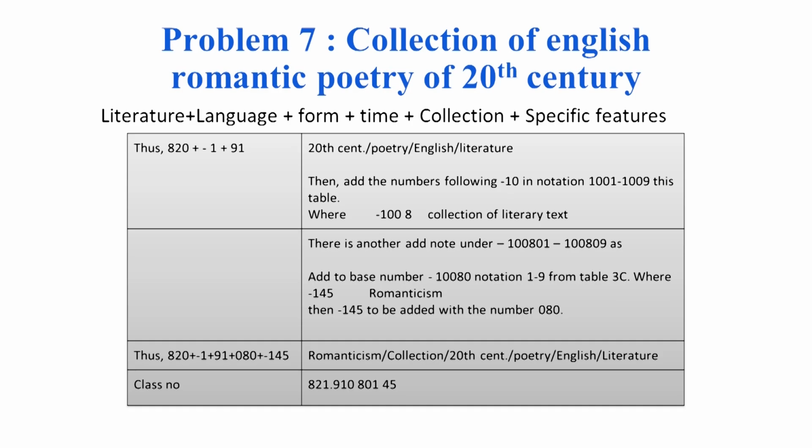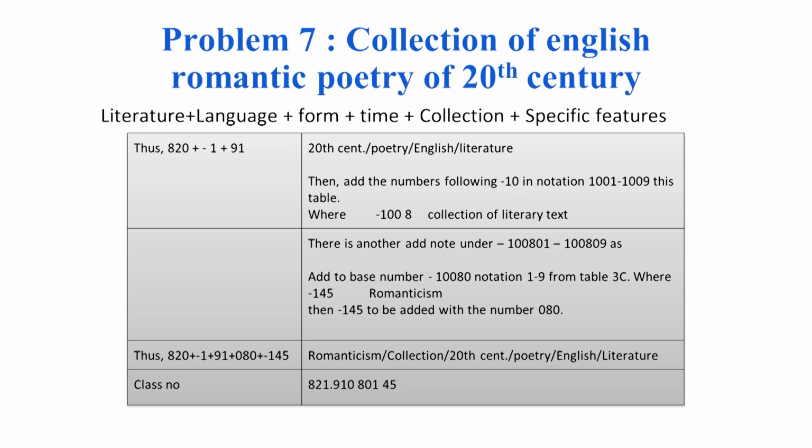There is another add note under 1008: add to base number dash 10080 notation 1 to 9 from table 3C, where 145 is romanticism.